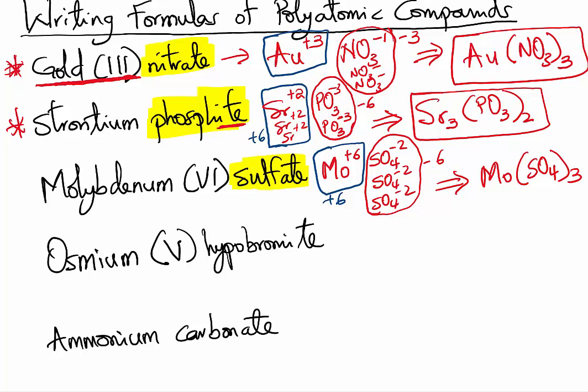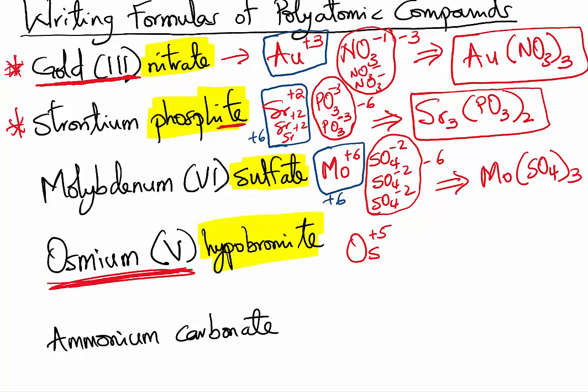What about osmium 5 hypobromite? Osmium, according to this name, has a charge of +5. So osmium with a charge of +5. Hypobromite is a polyatomic ion.